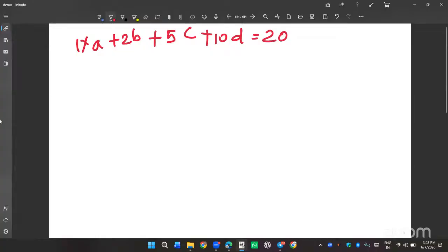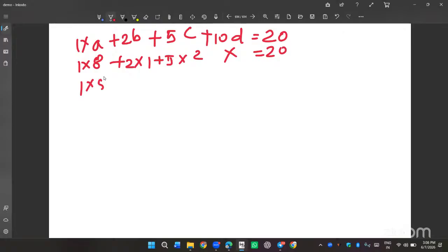Okay, got it. So we have discussed the two conditions: weight plus 2 into 1 plus 5 into 2 is equal to 20. Leave this. It is not needed.